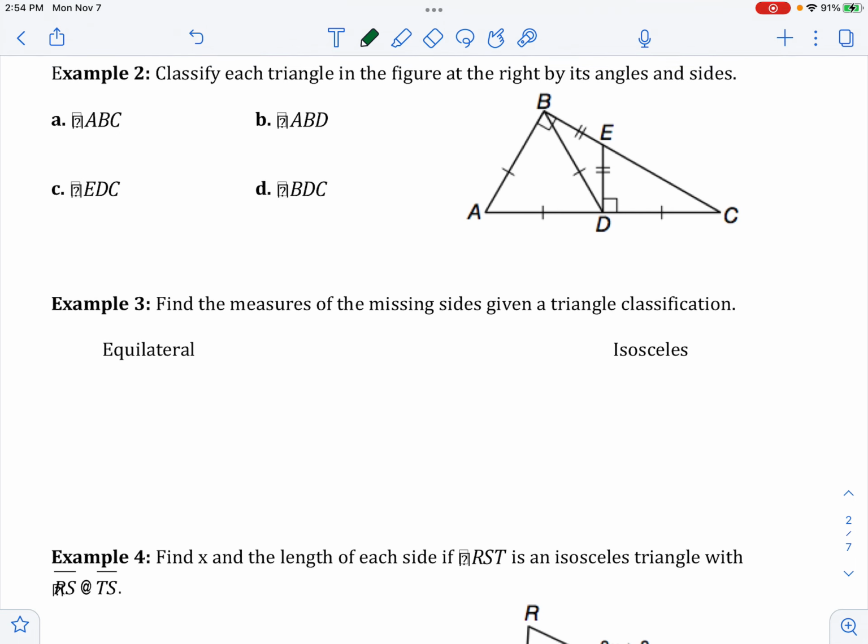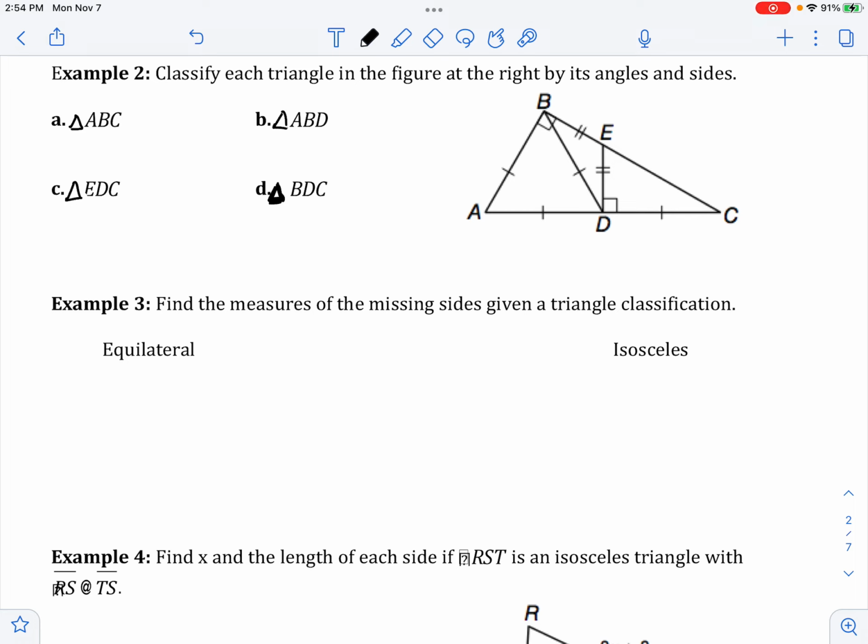Okay, so this Microsoft Word formatting didn't translate well to a PDF. All of those symbols should be triangles. So triangle EDC, triangle ABD, triangle BDC.